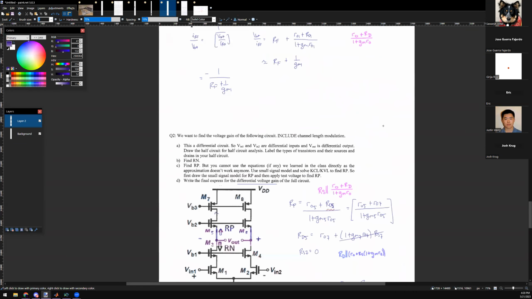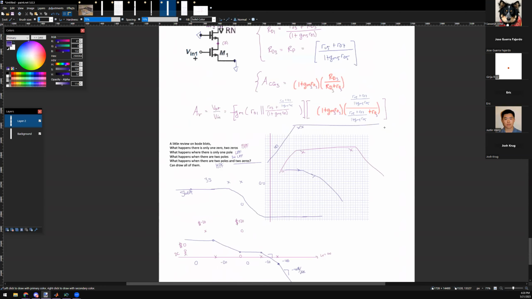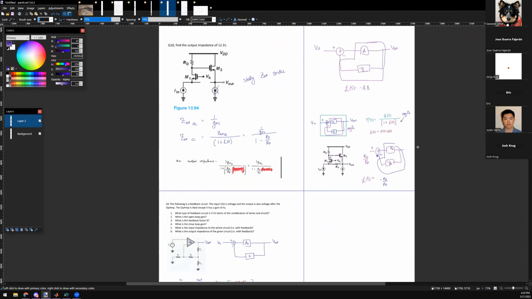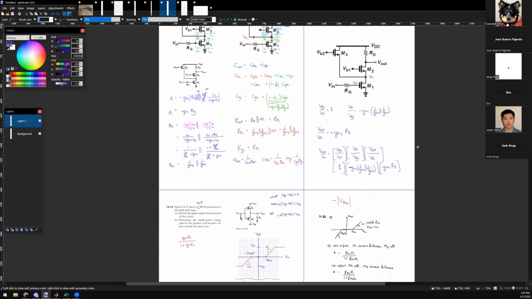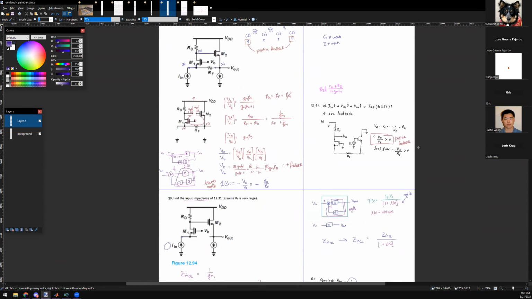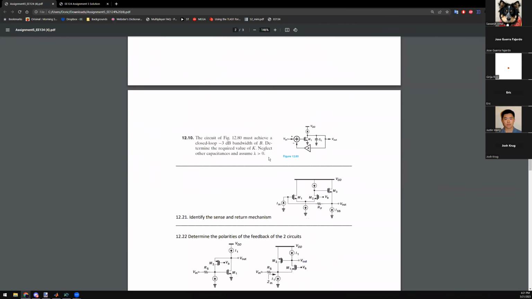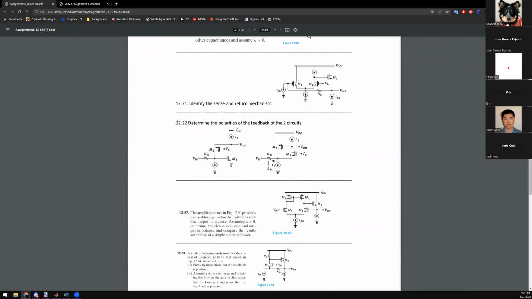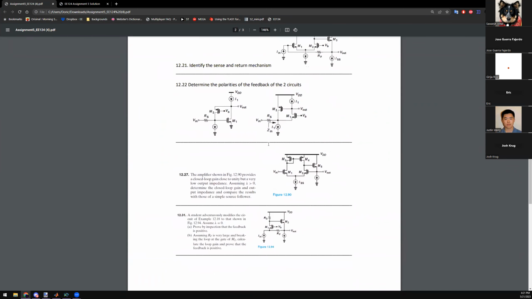Yeah, for like say 12.22D for homework 5. 12.22, part C. Oh, we did not do this problem. Would you like to do this problem? Yes.